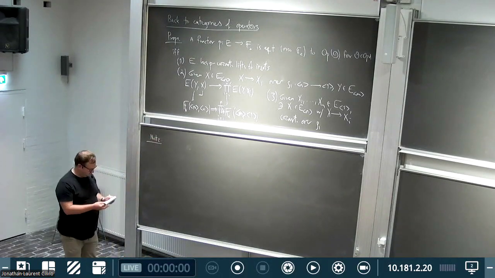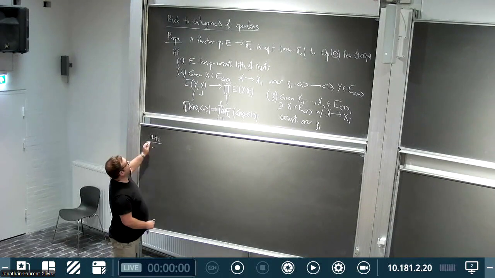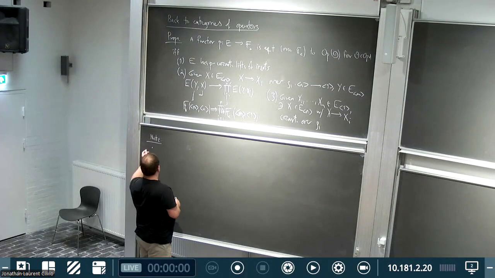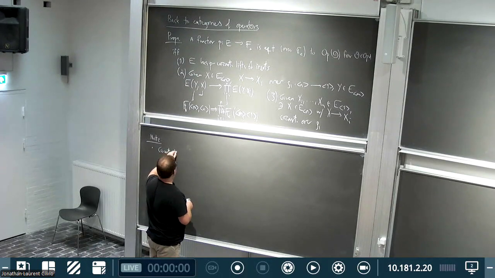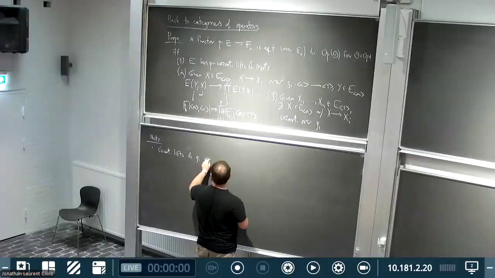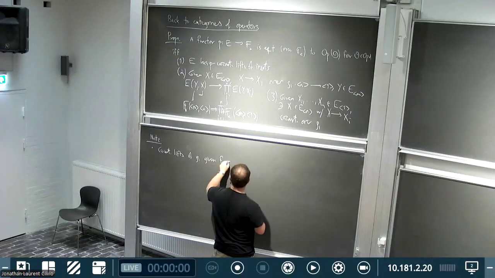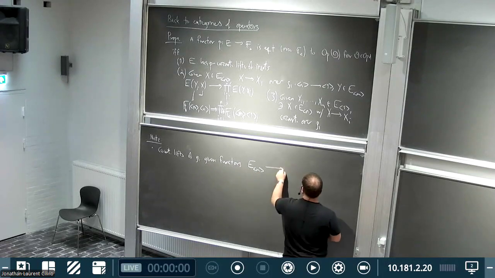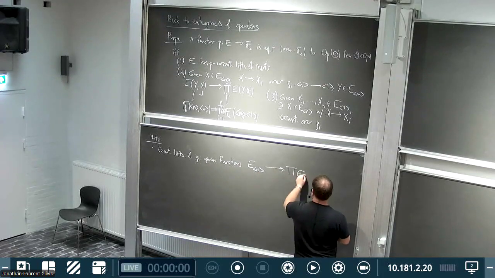Now some consequences of these conditions. So first of all, we have these coCartesian lifts of inerts. In particular, I can use those for the maps ρ_i. So the coCartesian lifts of the ρ_i give functors from the fiber over n to the product of n copies of the fiber over 1.